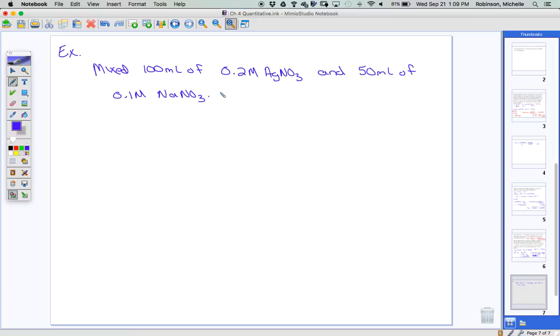And I want to know what's the concentration, so molarity, concentration is molarity, of nitrate ions in the final solution.